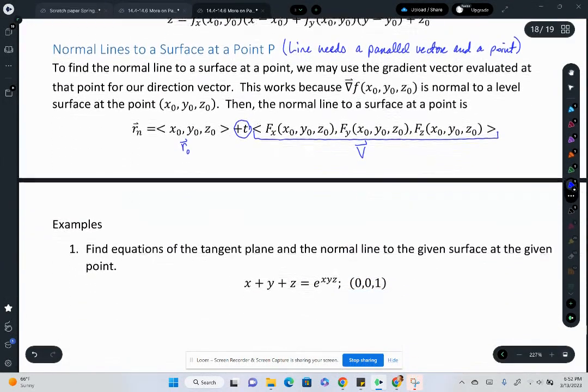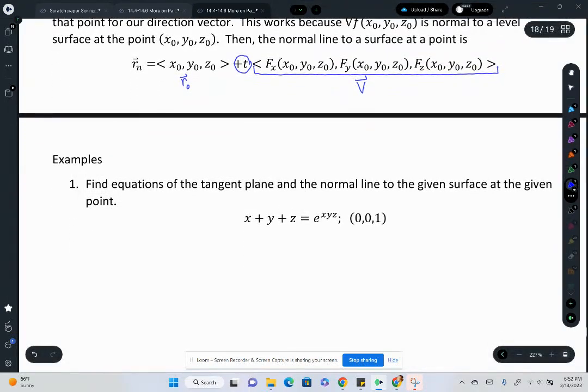All right, let's do an example. In our example, we need to find equations of the tangent plane and the normal line to the given surface at the given point, okay? And our function is x plus y plus z is equal to e to the xyz, and the point is 0, 0, 1.